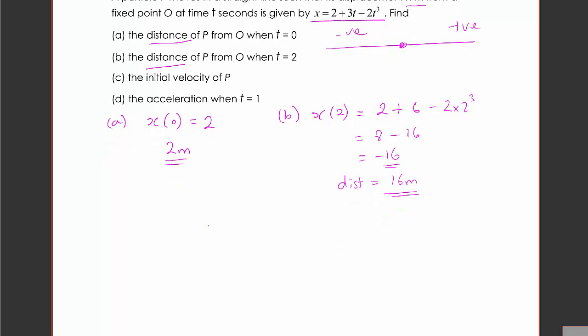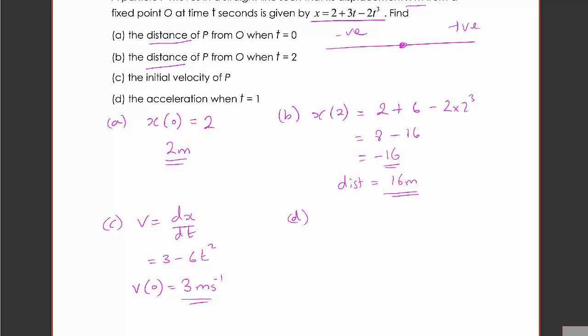So the initial velocity, so now we need velocity, and that's going to be dx/dt. So we need to differentiate this. The 2 disappears, we end up with 3, take away 6t squared, and initial is when time is 0, so that's going to be 3 meters per second.